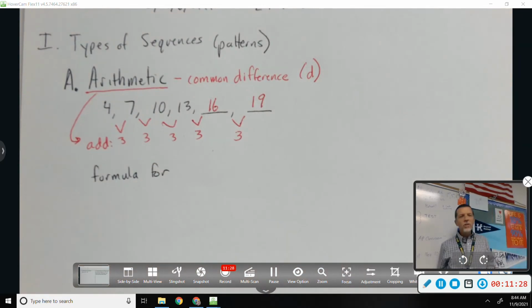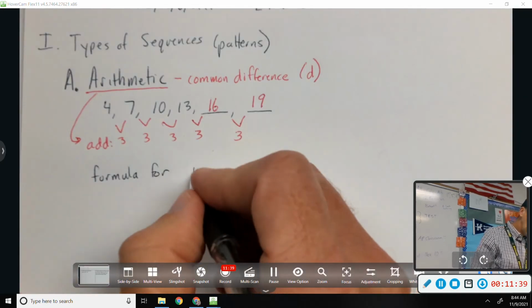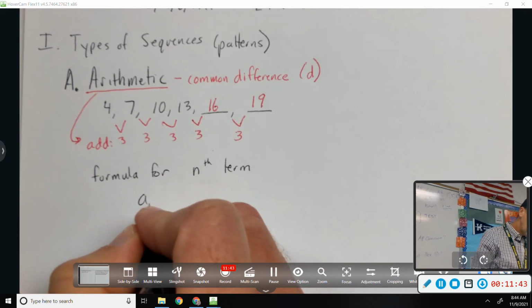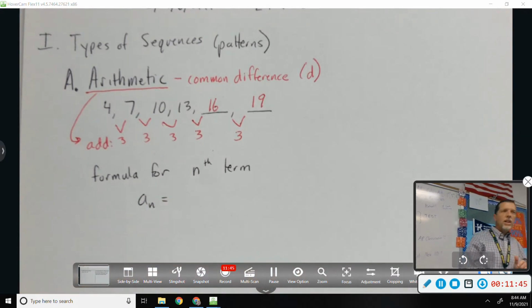Now, even though it's easy to come up with the next term, like just add 3, that's not a big deal. We'd like to be able to get to the nth term. Oh no. Nth, like, what if I want the 100th term? I don't really want to add 3 and keep up with how many times I've added 3.